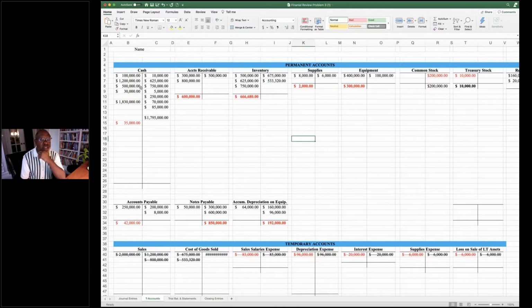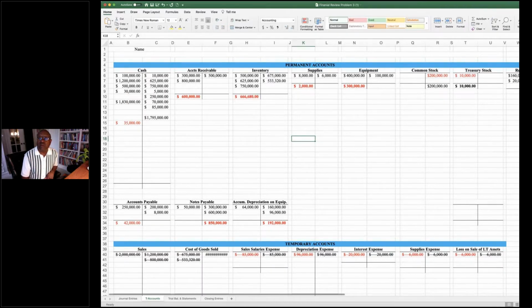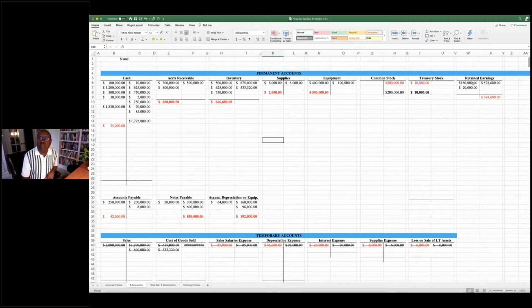So cash 100, receivables 300, inventory 500, supplies 8,000, equipment 400,000, common stock 200,000, retained earnings, that debit of 160, accounts payable credit of 200, notes payable 300 and 600, so both of those, then accumulated depreciation 160.